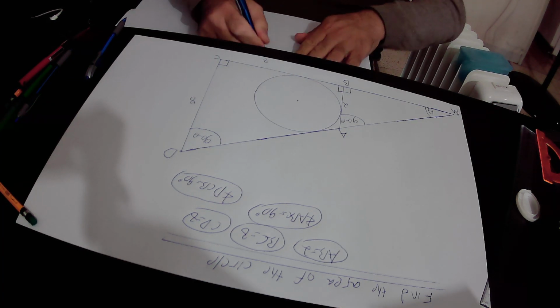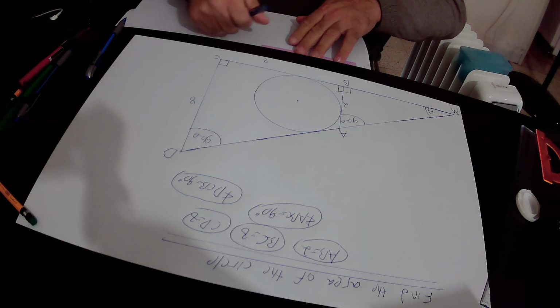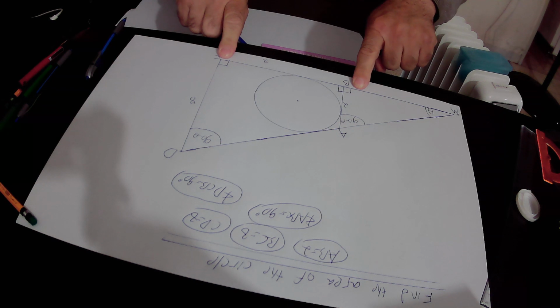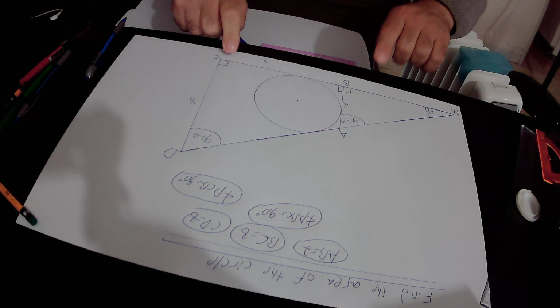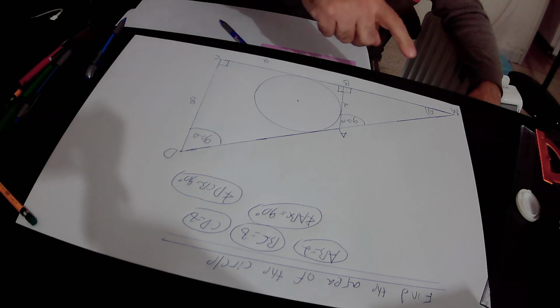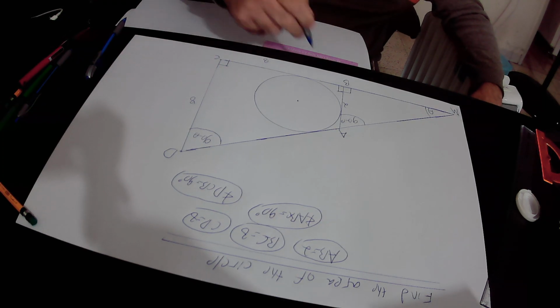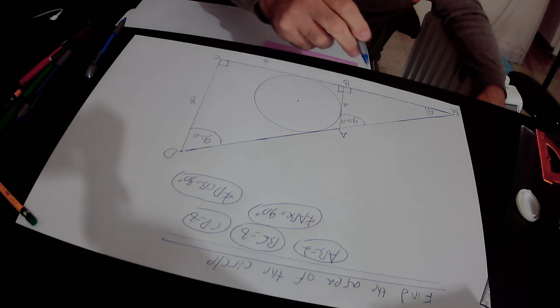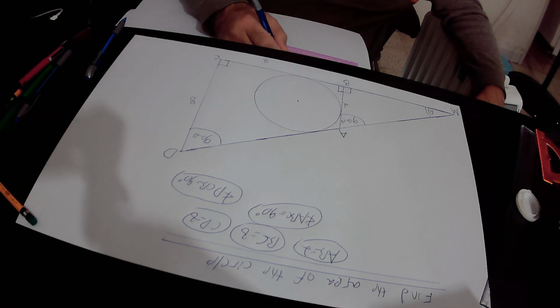So why are those two triangles similar to each other? First of all, angle DCM in the big triangle equals angle ABM in the small triangle.